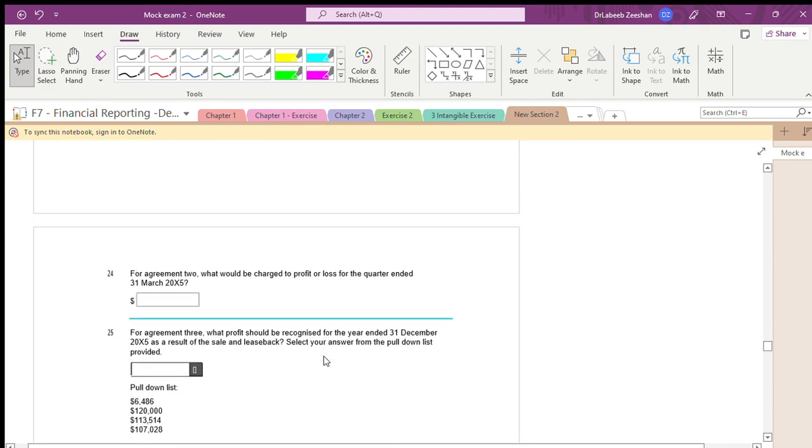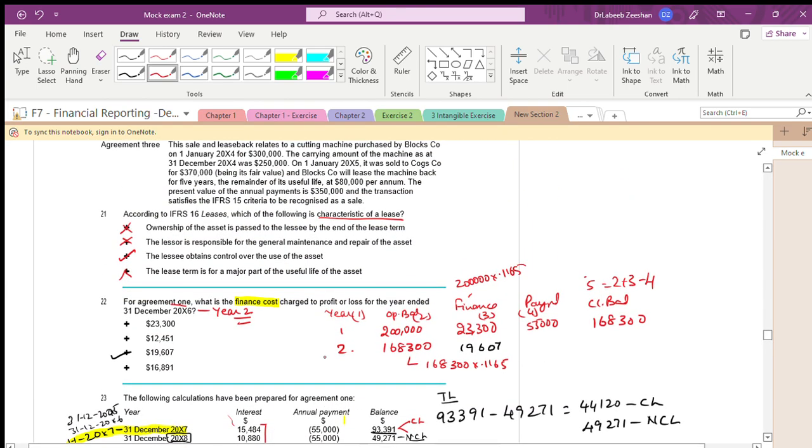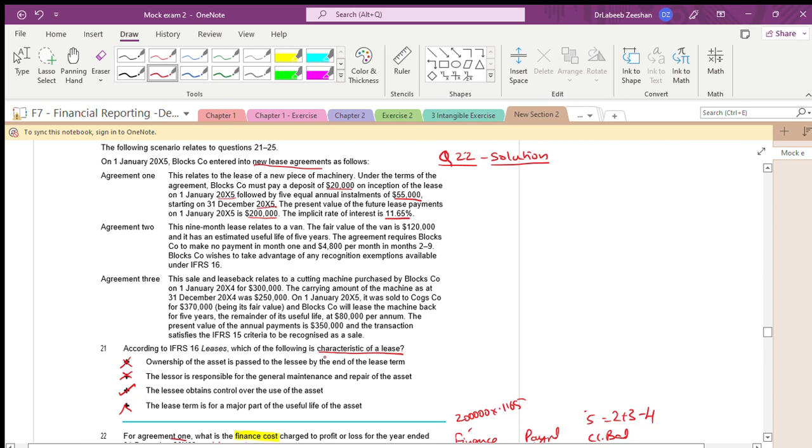For agreement 2, what is the charge to the profit and loss account for the quarter ended? What they said in agreement 2 is that this 9-month lease relates to a van.